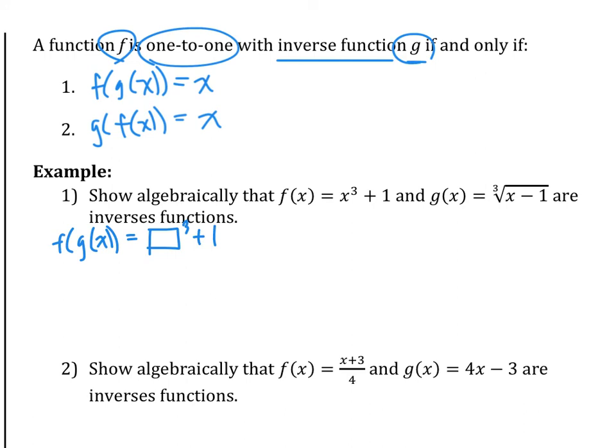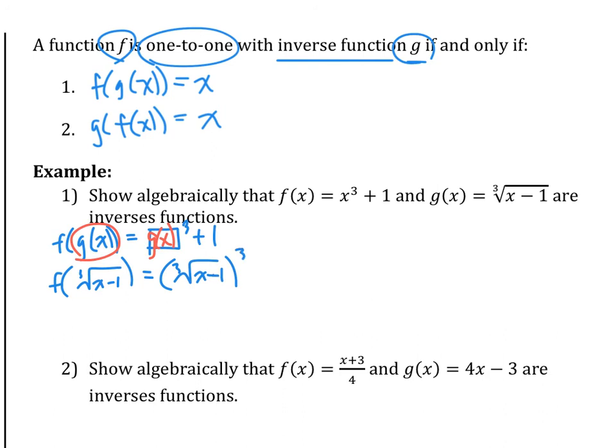The next thing is, well, what goes inside the box? This tells me that g should go inside the box. So it should be g of x, cubed, plus 1. Well, then what is g? g is cube root of x minus 1. So in that box, I should put cube root of x minus 1.